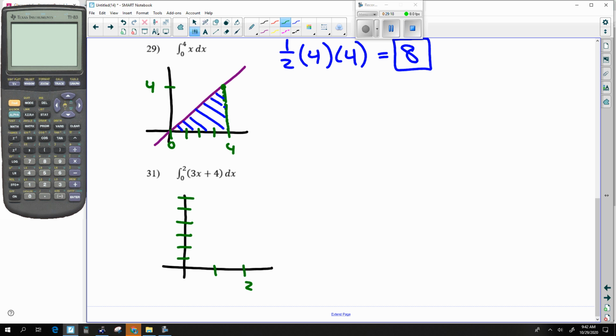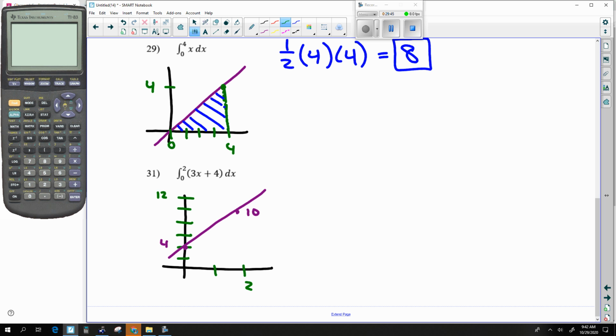This will get up to 10. So this starts at 4, and it goes up to 10, and this is a line. Okay, that's what the picture is.